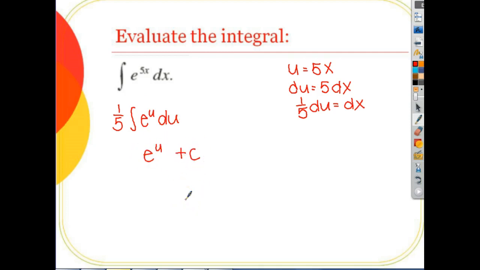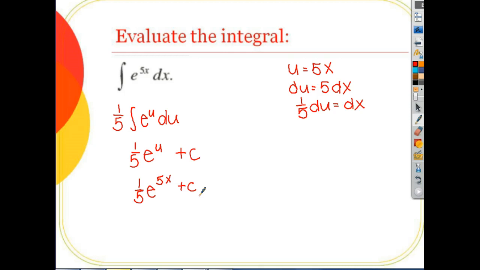So the 5 becomes that coefficient, and you get 1/5 e to the 5x plus c. That's something you could probably memorize and not have to do the u substitution, but it's very nice to see why through u substitution instead of just being given a reason to memorize it.